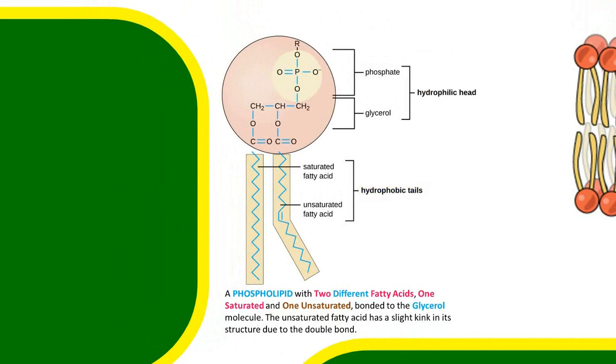The hydrophilic head region contains the phosphate group and the glycerol, so one hydroxy from the glycerol reacts with the phosphate group, and the other two hydroxy groups react with saturated or unsaturated fatty acids, and that forms the hydrophobic tail regions.